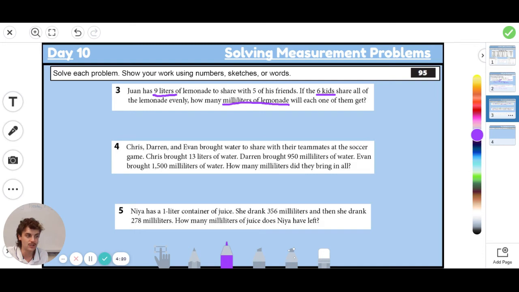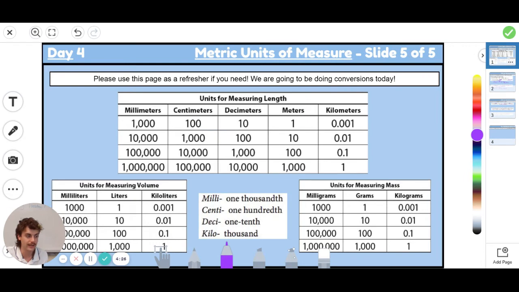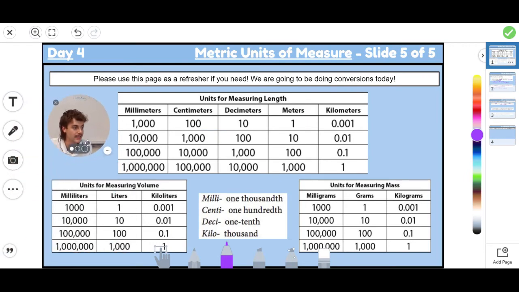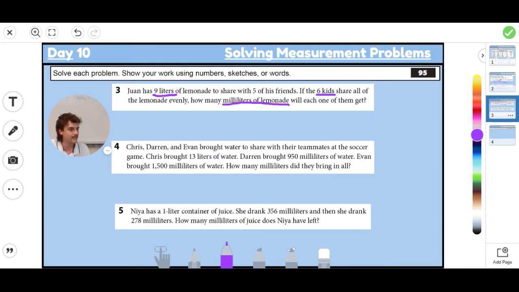So because we are changing the units, let's go back to our chart here and review this really quick. This chart is here for any of you if you need it. It's always good to go back and review stuff in case you forget. So what we started with, it said 9 liters of lemonade.